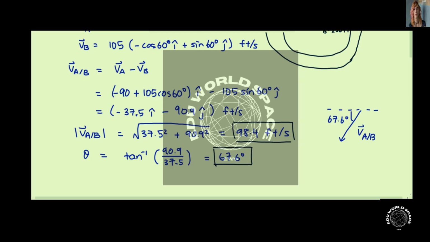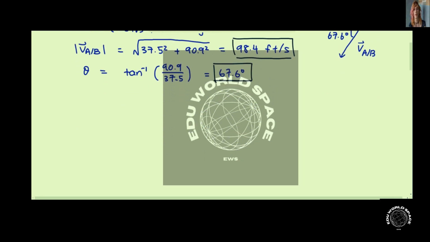Next we look at acceleration. The acceleration of A is equal to negative 15 i hat minus 90 squared divided by 300 j hat. This is the tangential component and this is the normal component, which for car A is pointing downward.